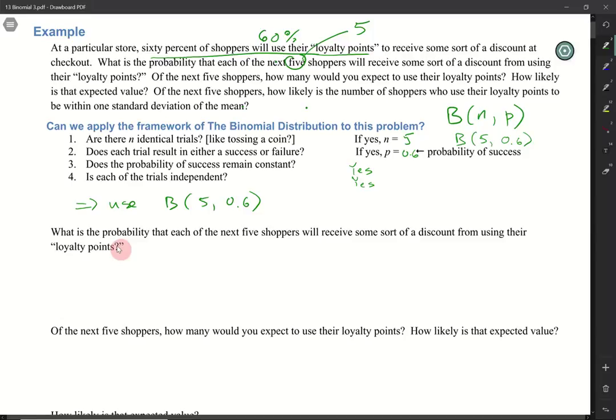So how do we figure out the probability that each of the next shoppers will receive some sort of discount from using their loyalty points? How can we figure this out?